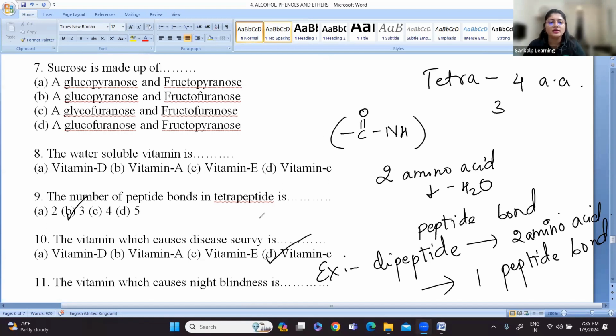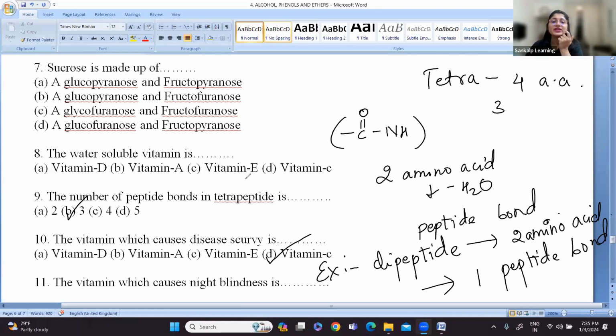So why is scurvy caused? It is due to not eating enough fruits and vegetables. That is the main cause for this particular disease. So what will happen if this disease is not treated? If scurvy is not treated, it may lead to bleeding gums.